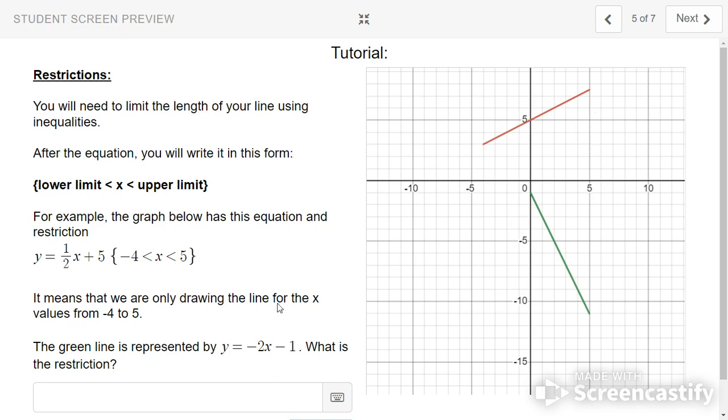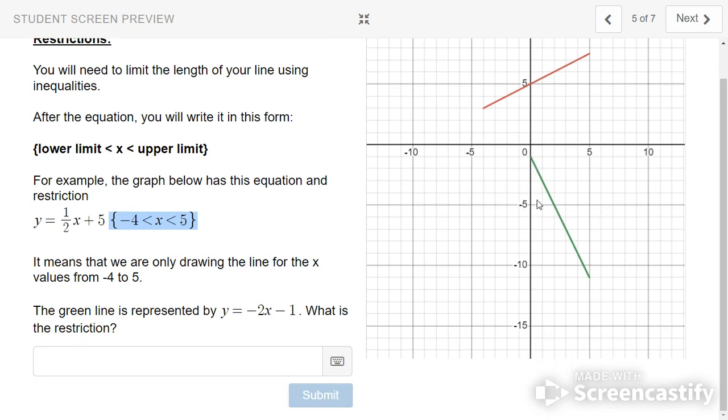So this line is y is equal to half x plus 5, but then I've put a restriction on it, and the way to write a restriction, we put a curly bracket, we put the lower limit of -4 and an upper limit of 5 in the end.